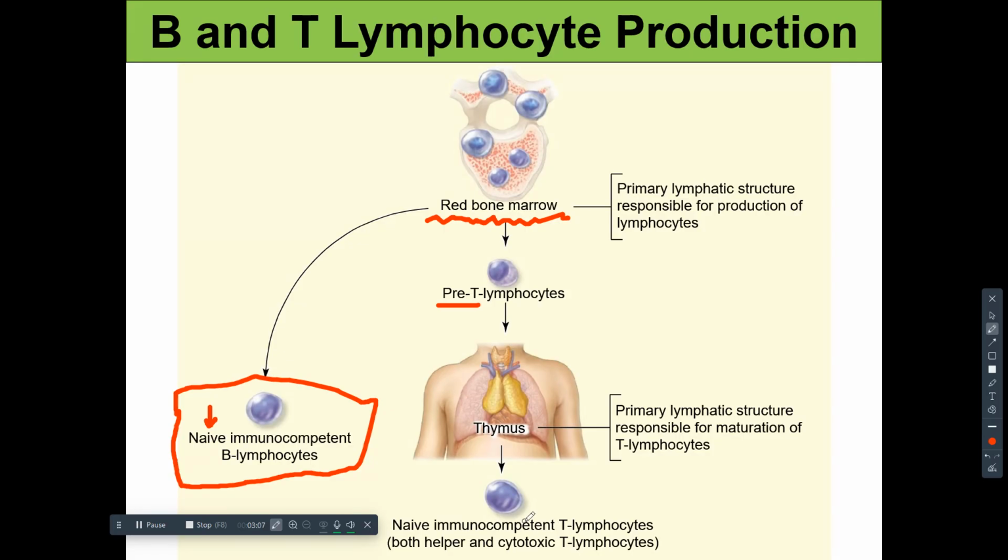So T cells that are immunocompetent, able to do their job, but naive, meaning they have yet to be exposed to their specific pathogen. And exiting the thymus, we're going to have the two major varieties of T lymphocytes, the helper Ts and the cytotoxic or killer T cells.